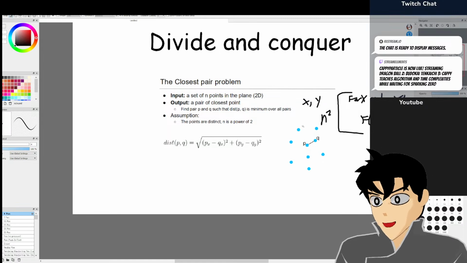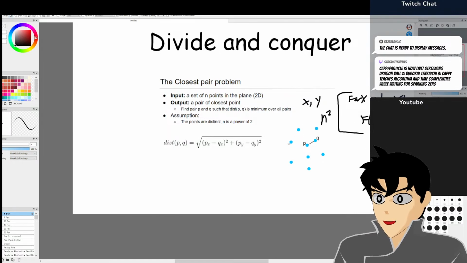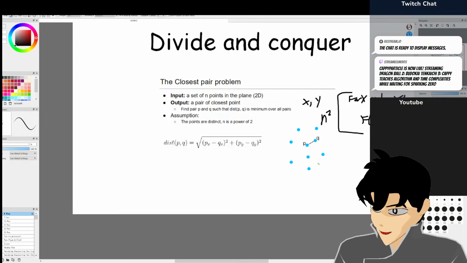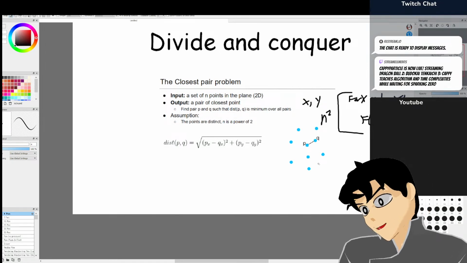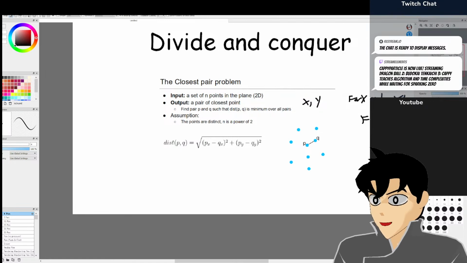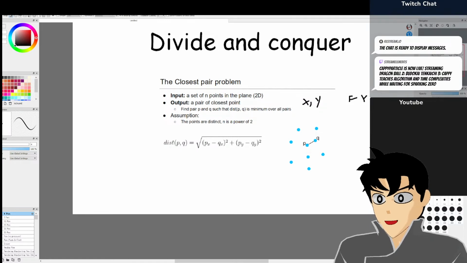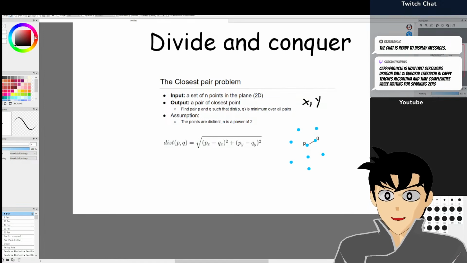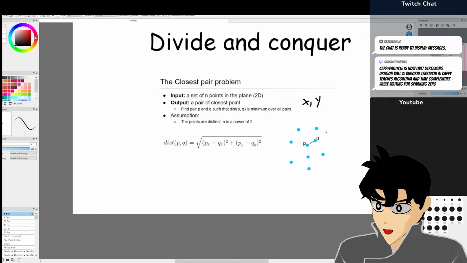That takes n squared to go through all the points, because we're going by first x and checking all the closest points, comparing the y's to it too. Is there a faster way? Of course there is. Do I know it exactly? Not really, but that's why I'm trying to teach it.